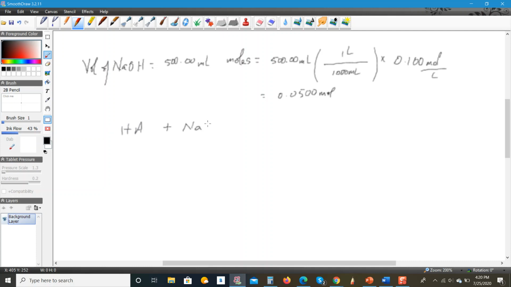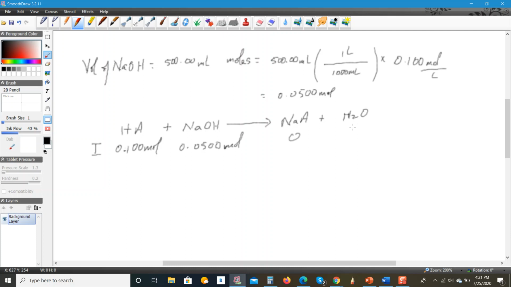So I'm going to write, of course, the equation for the reaction between the acid and the base to form NaA plus H2O. And then I'm going to start off by initially writing down the moles of the acid and the base, which in the case of the base is going to be 0.0500 moles, whereas in the case of the acid it's going to be 0.100 moles.